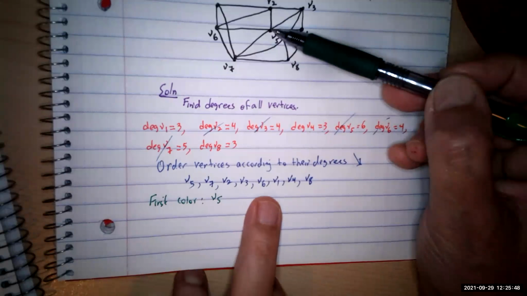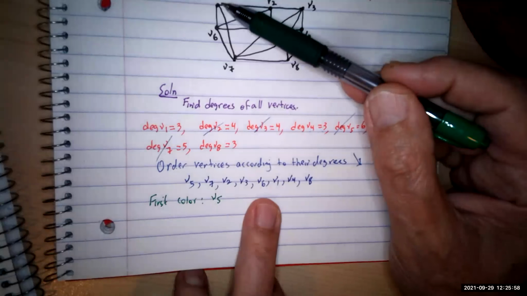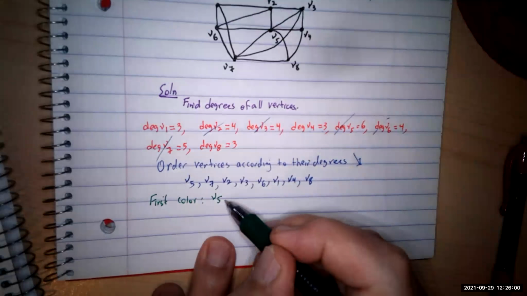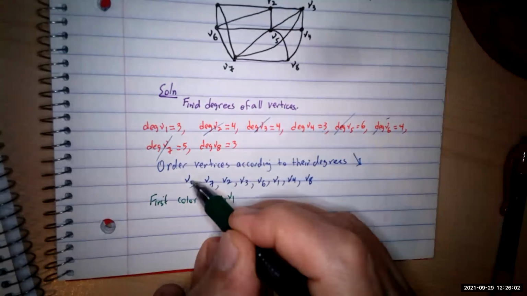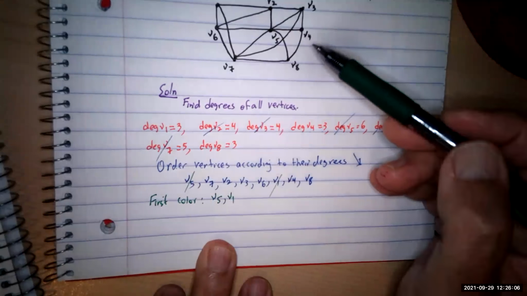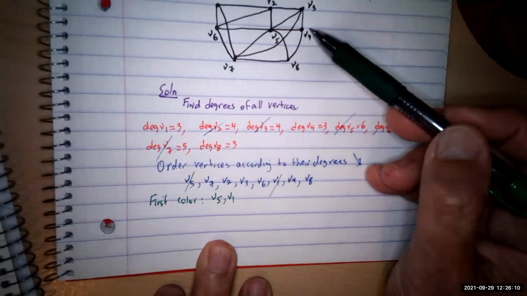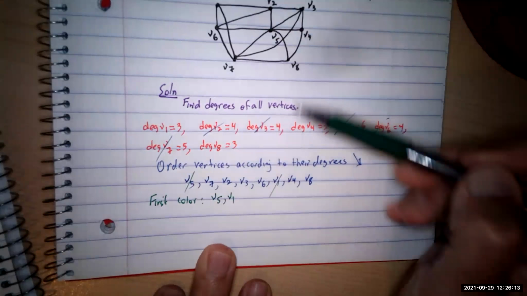We can use the V1, because V5 and V1 are not neighbors of each other. So I cancel out the V1. Then I cannot use the V4 because they are neighbors, and I cannot use the V8.